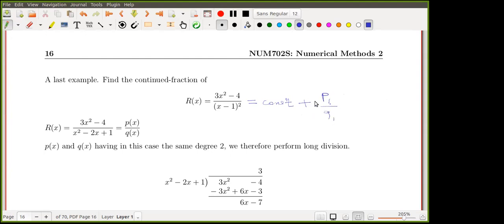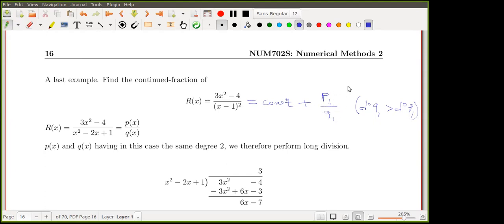And the second term here will be in such a way that the degree of Q1 will be greater than the degree of P1.